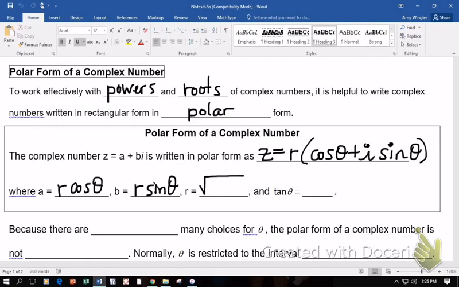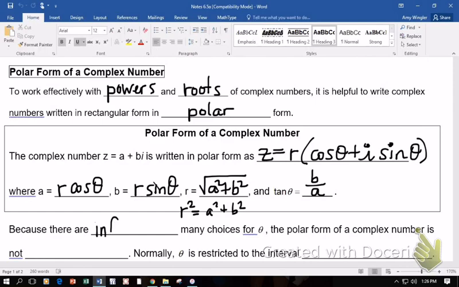R equals the square root of a squared plus b squared. So that means r squared equals a squared plus b squared. And the tangent of theta equals b over a. So you just have to remember when you're looking at your other formulas that a is the same thing as x and b is the same thing as y.